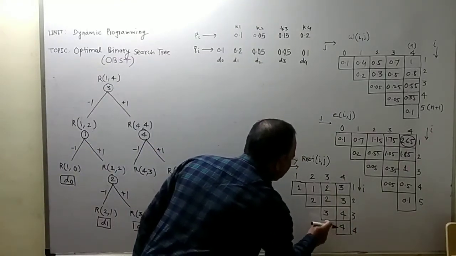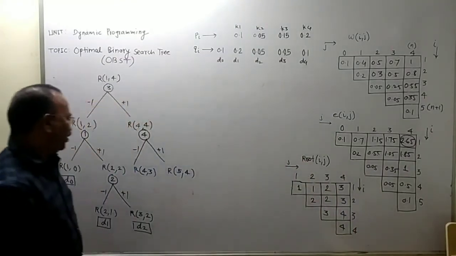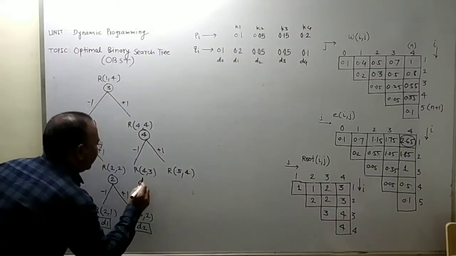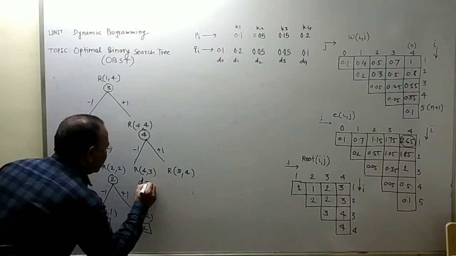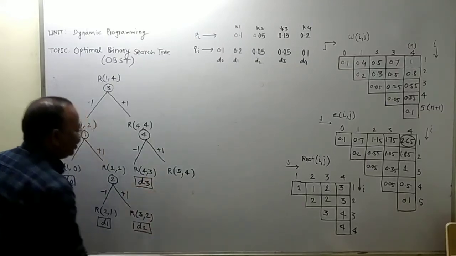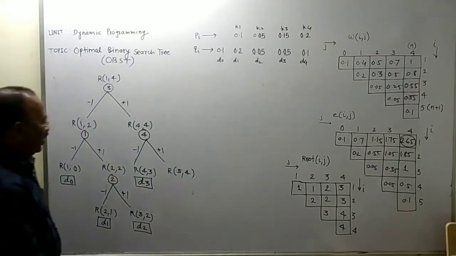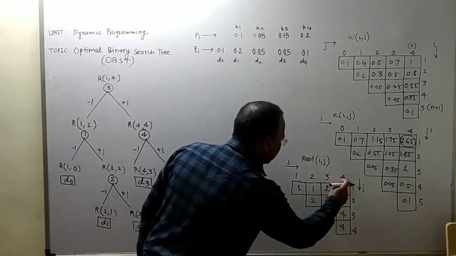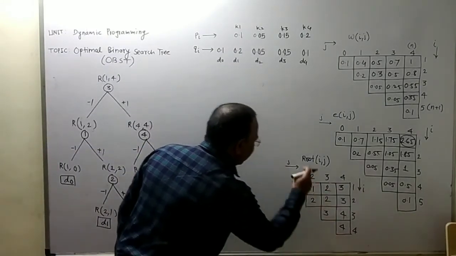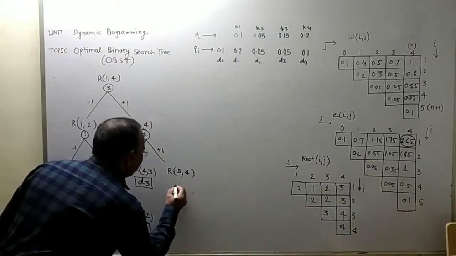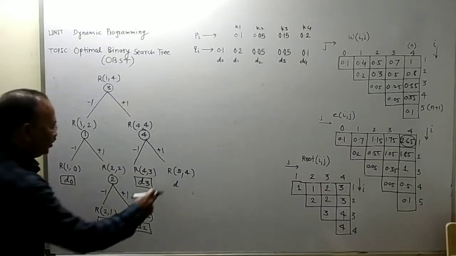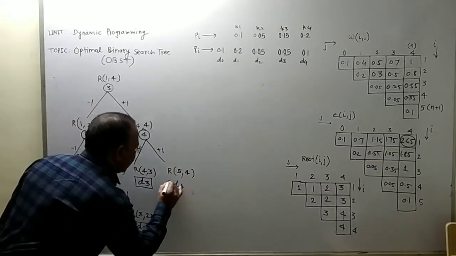There is no such cell in the root table. So we have to stop here with D, and j is 3, D3. And R5 4: there is no such cell in the root table. So we stop with D, j is 4, D4.